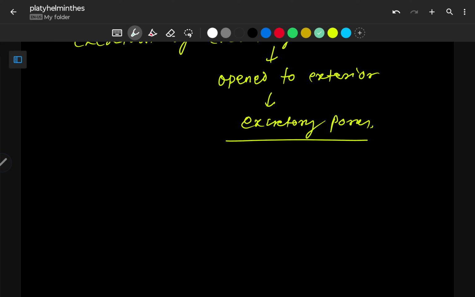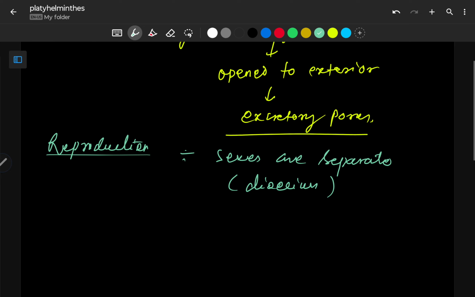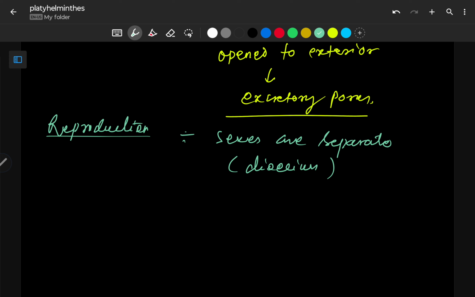Now come to reproduction. Here the sexes are separate, meaning male and female are separate, or we can say dioecious. The term used is dioecious. And they have sexual dimorphism.